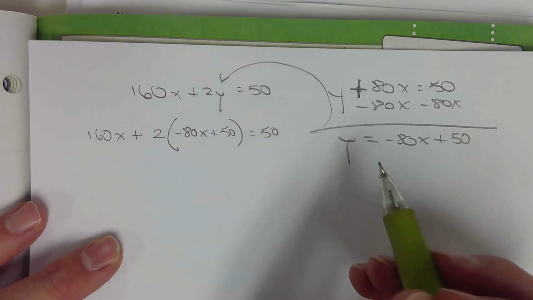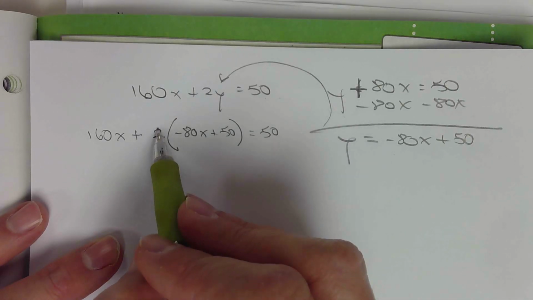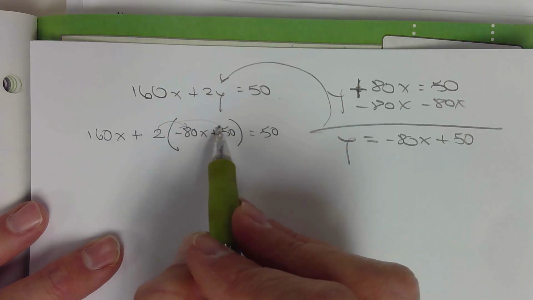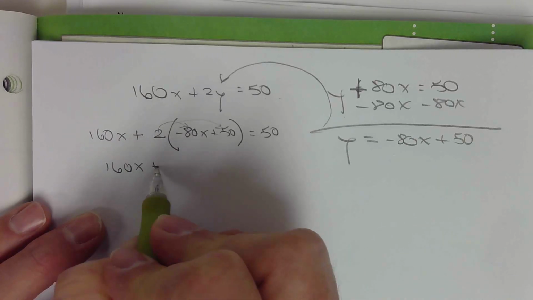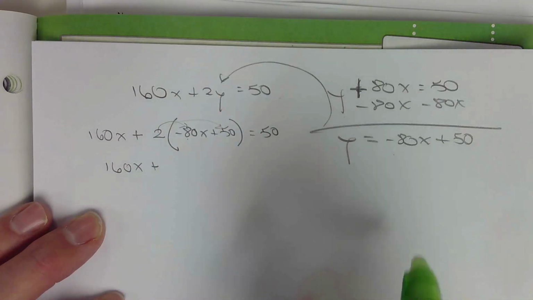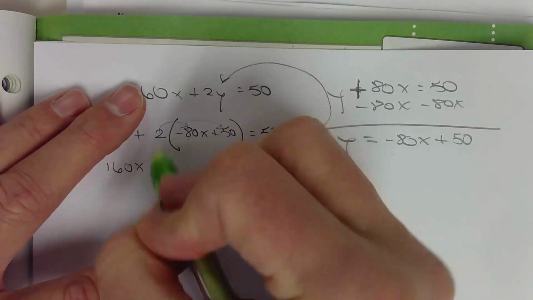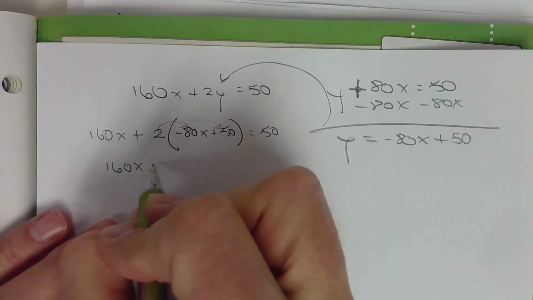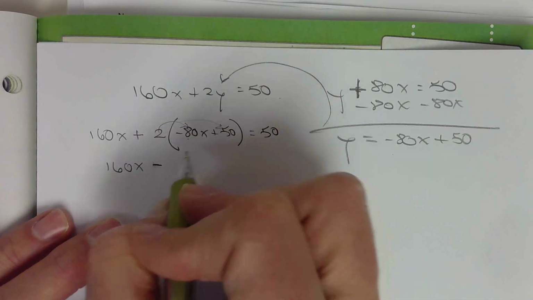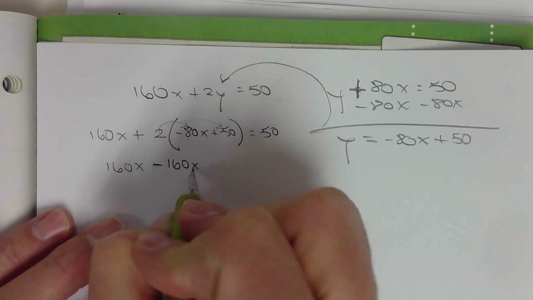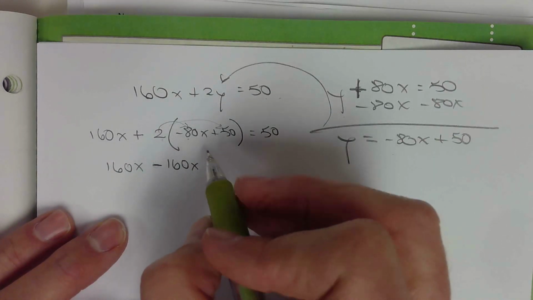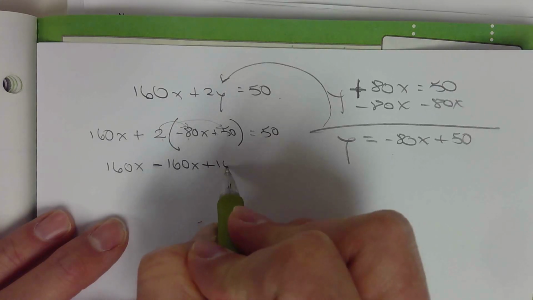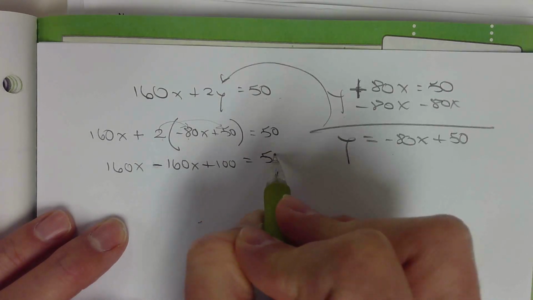Mr. Webster? You'd multiply the 2 and the numbers in the parentheses. Yep. So I've got 160x, and what's 2 times negative 80? I'll just put a minus 160x. And what's 2 times 50? 100. Plus 100 equals 50.